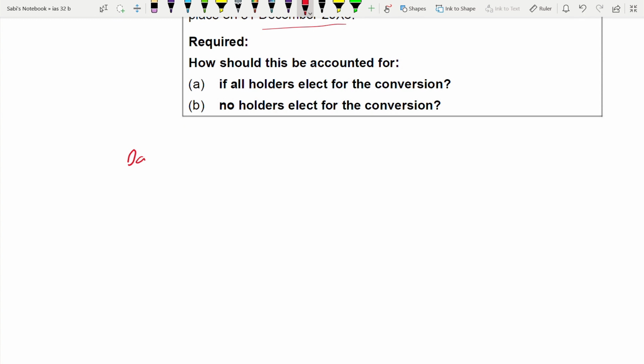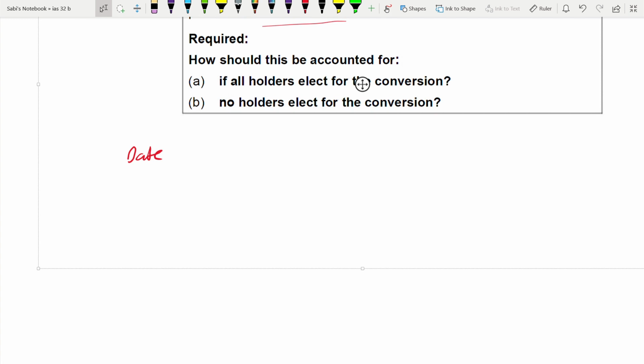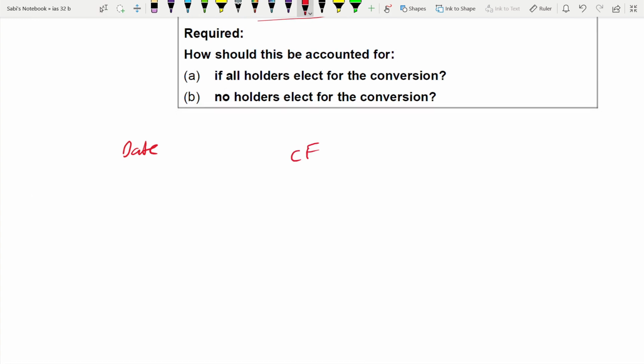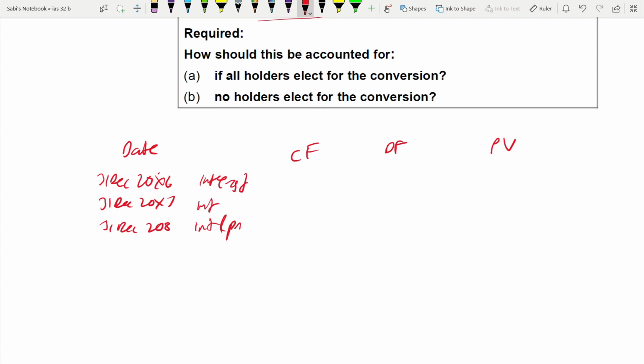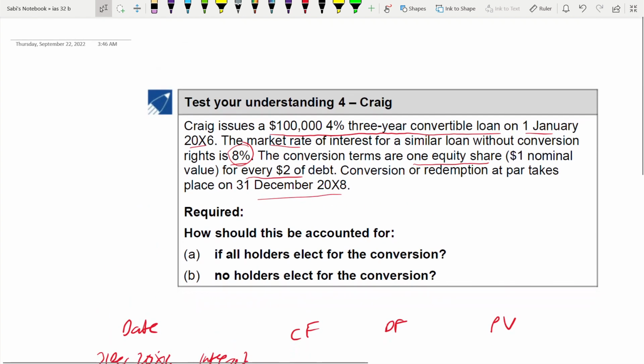So here you have the date, cash flow, discount factor, and the present value. 31st December 2006, 31st December 2007, 31st December 2008. So you are giving interest and principal. You can add them together or show principal separately also. So here you see it's 4% on 100,000.